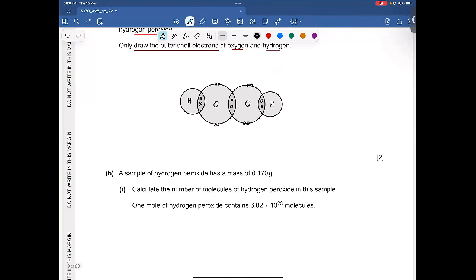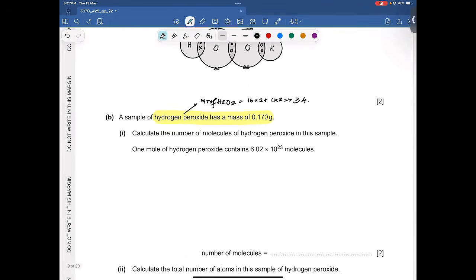A sample of hydrogen peroxide has a mass of this, which means, first of all, I need to get the Mr of hydrogen peroxide. So the Mr of hydrogen peroxide is easy: 16 times 2 plus 1 times 2, it becomes 34. Calculate the number of molecules of hydrogen peroxide in this sample. So first of all, take out the number of moles of hydrogen peroxide.